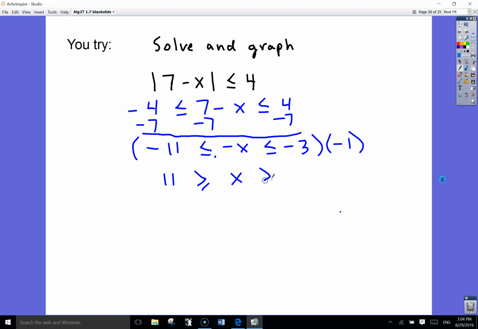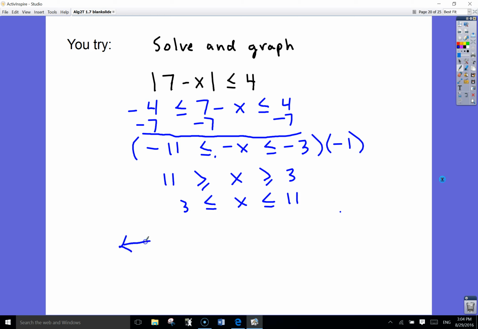And then another greater than or equal to. And negative 3 becomes a 3. And if you prefer, you could rewrite it as 3 is less than or equal to x is less than or equal to 11. So remember that one thing, you've done this before in Algebra 1. If you multiply or divide by a negative, you flip the direction of the inequality symbol. For a three-part inequality, you flip them both.